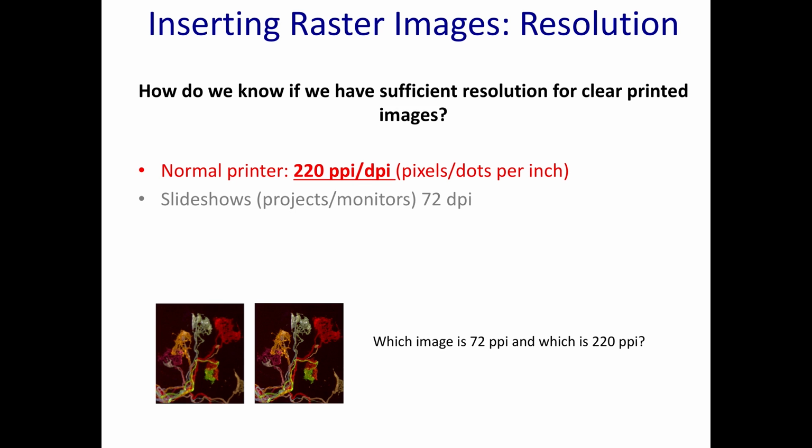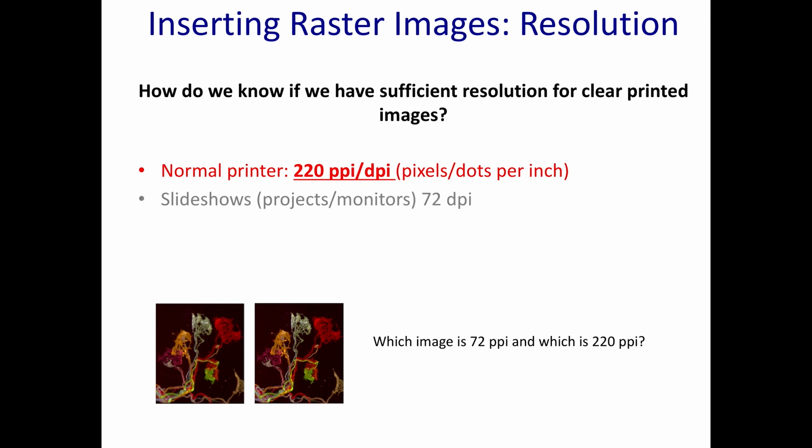The question is, how do we know if we have sufficient resolution to get clear printed images from the figures that we're creating? And this isn't obvious. It isn't obvious because a printer has a different resolution than your monitor or a projector. So a normal printer prints out at around 220 or 300 pixels per inch or dots per inch, whereas the slideshow, what we're seeing on the screens of our computers or from a projector if we give a scientific talk, is 72 dots per inch or pixels per inch.